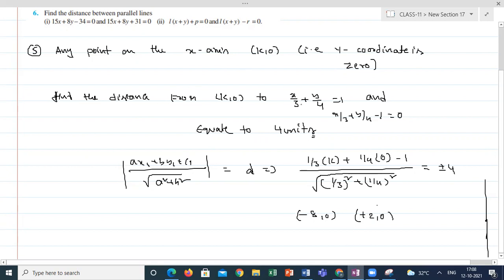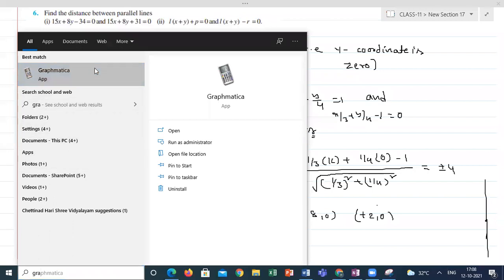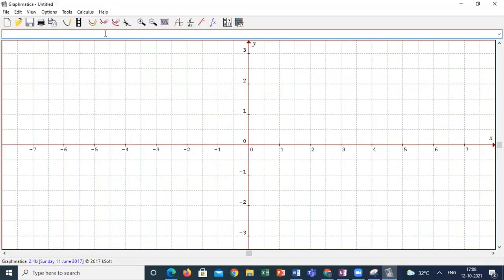So the equation is x by 3 plus y by 4 is equal to 1, that is 4x plus 3y is equal to 12. This is the equation.